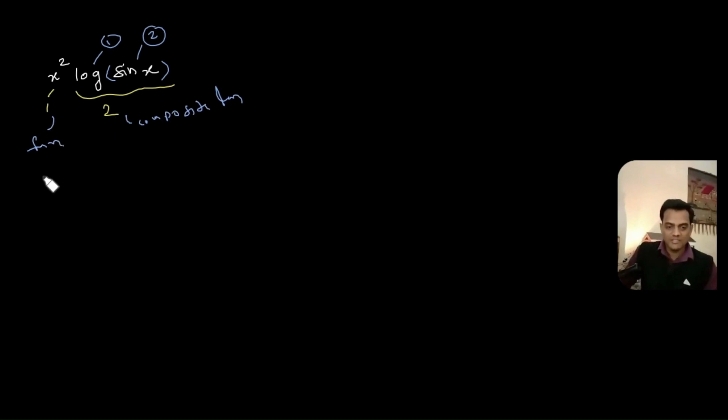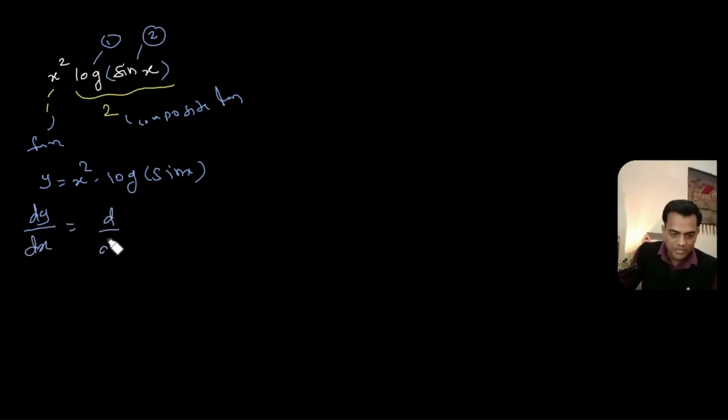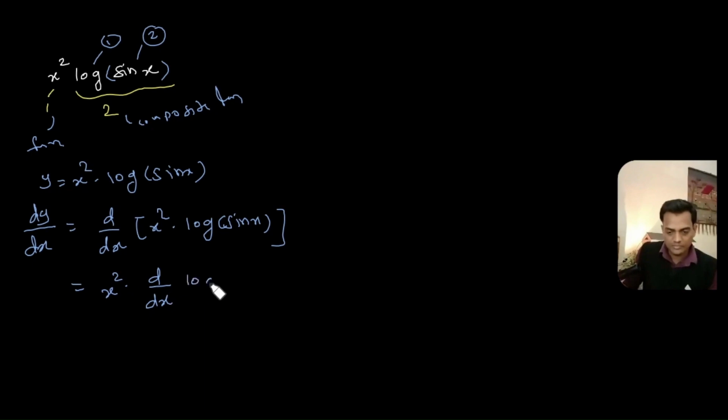So we equate y equal to x square into log of sine of x, and we take the derivative on both sides. The derivative of the product term is the first function as it is into the derivative of the second term, plus the second function as it is into the derivative of the first term.